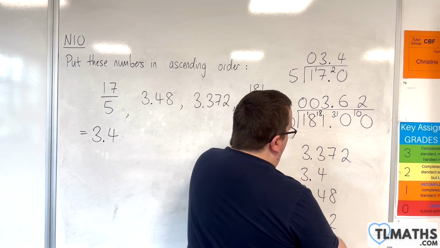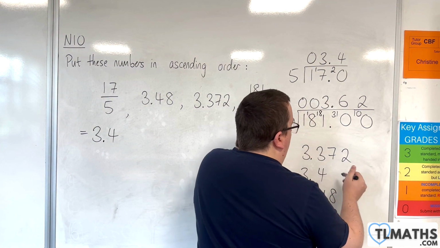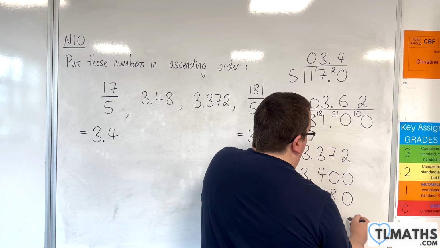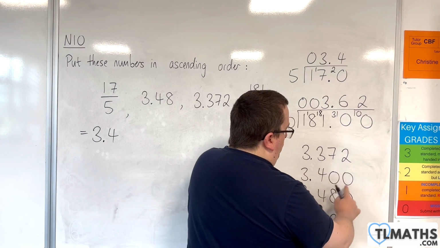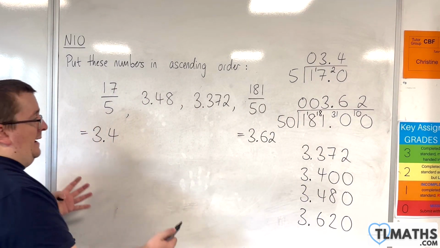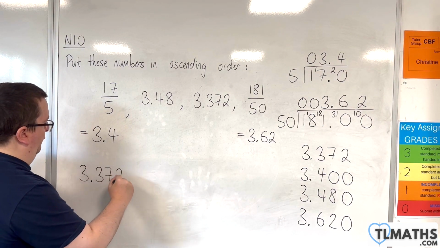But if you write them all with decimalised form, with the decimal points lined up, I should say, and then you can see there's these gaps. So if you fill those with zeros, this is now what you're comparing. 372, 400, 480, 620. So clearly the 3.372 goes first.